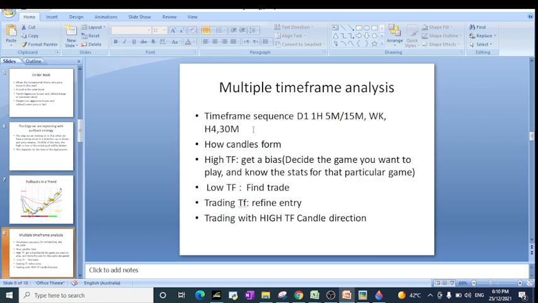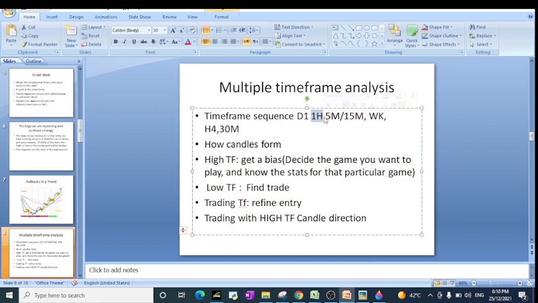So multiple time frame analysis. Time frame sequence, the daily time frame. When you are trading, you have to use multiple time frame analysis. I've talked about the trend, and you always want to define the trend on a time frame higher than the one you are trading. Like for me, I trade predominantly the 1 hour chart.